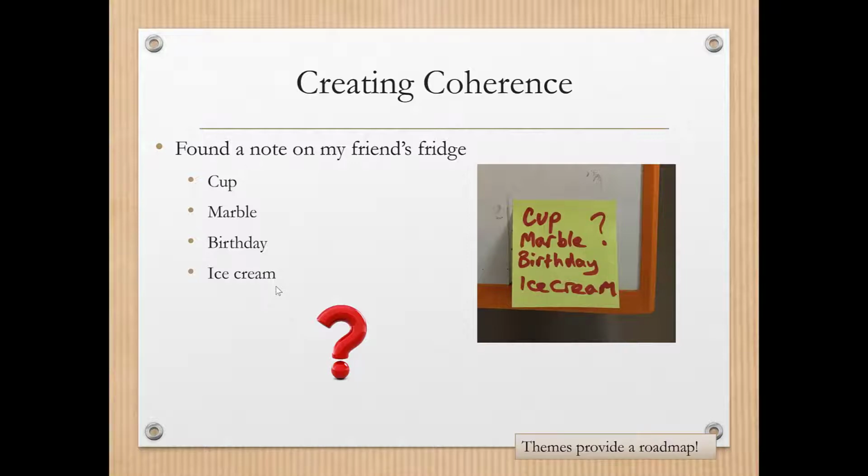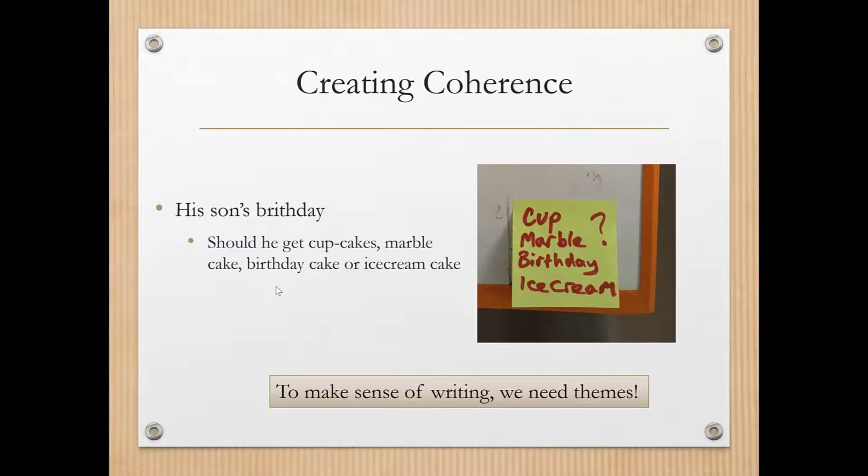Well, it turns out that themes actually provide a roadmap. Themes help us create some connection between certain topics. It turns out that my friend's son's birthday was coming up, and he was trying to think about what types of cakes would be appropriate for the birthday party.